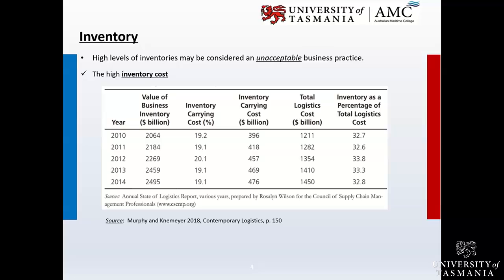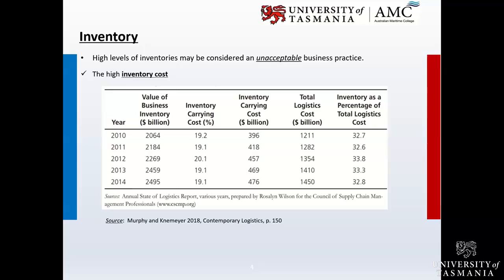Now we move on to the last column, inventory as a percentage of total logistics cost. It equals inventory carrying cost in terms of dollars divided by total logistics cost.